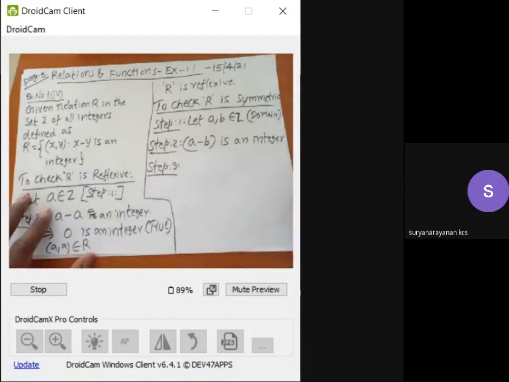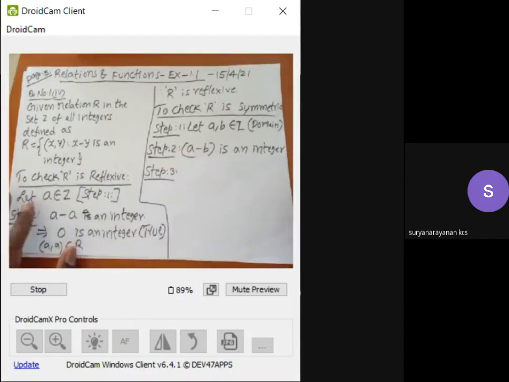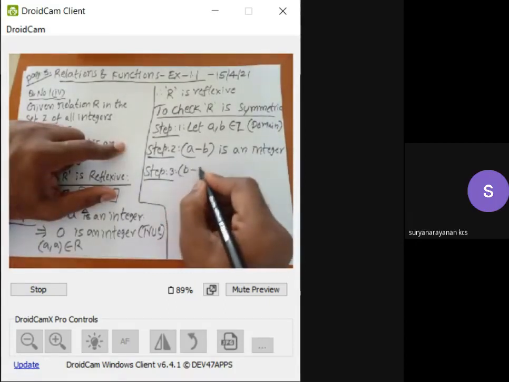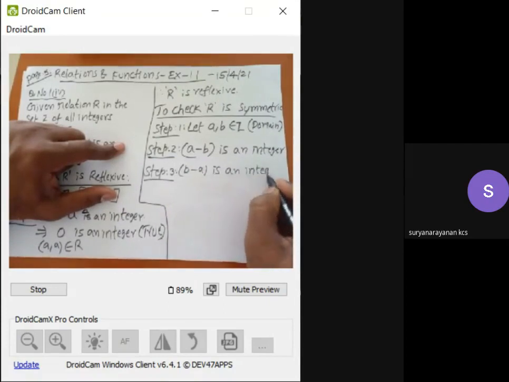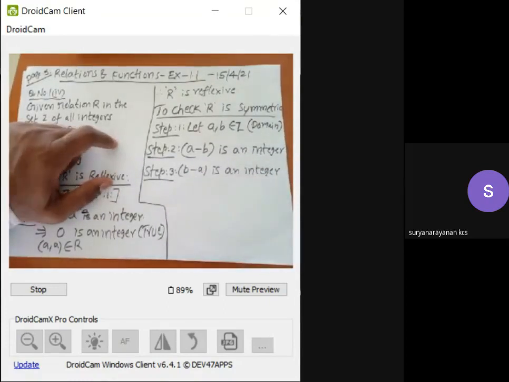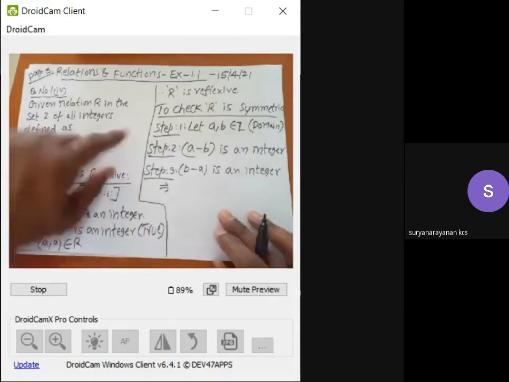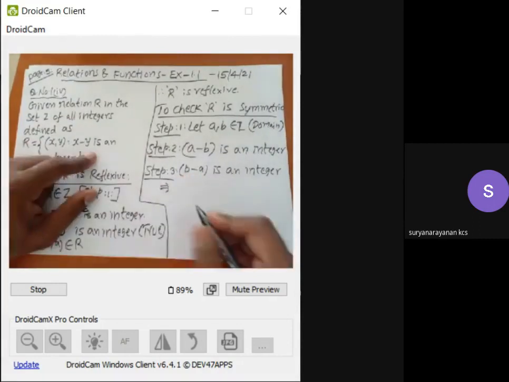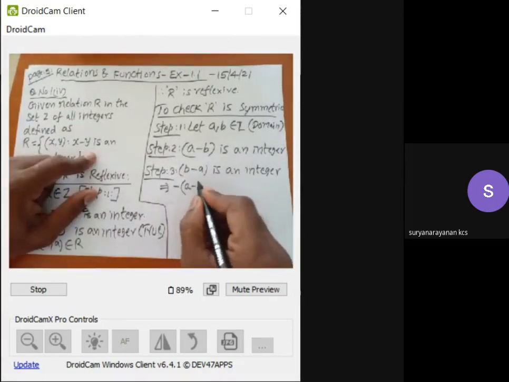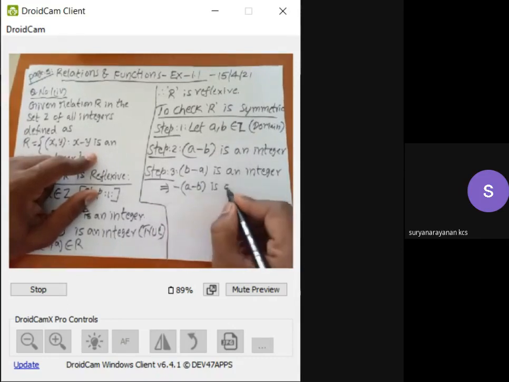What will you get? b minus a. Yes, b minus a is an integer. Now let us simplify. If you take minus common from these two numbers, what will you get? Minus of (a minus b) is an integer.